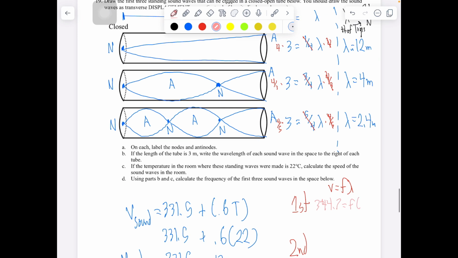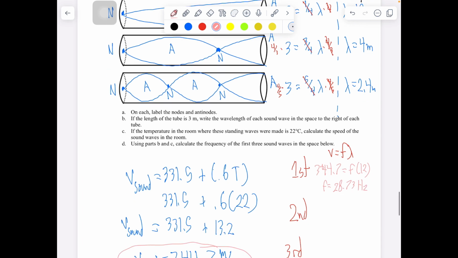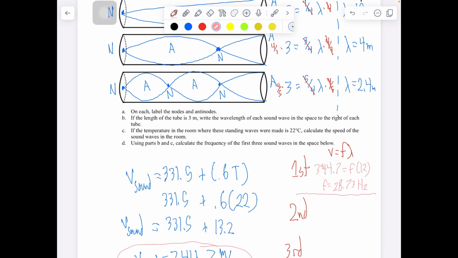Wavelength for the first pattern is 12. If we go ahead and solve this, we are going to get frequency 28.73 hertz. For our next one, same speed. Our wavelength is now 4. That's going to get us a frequency of 86.18 hertz.